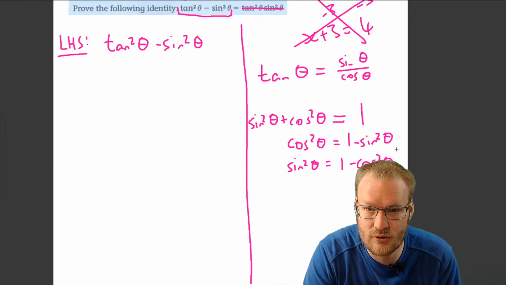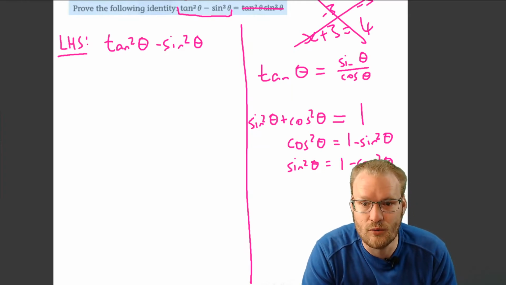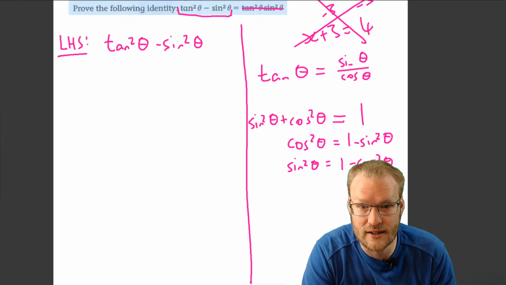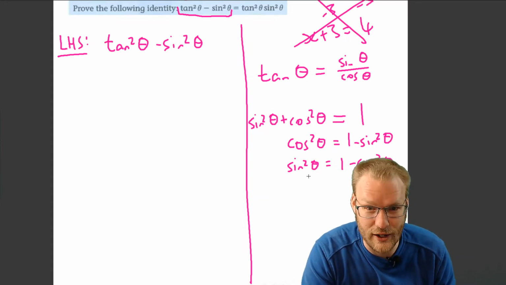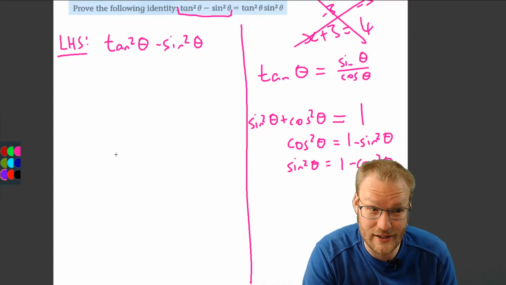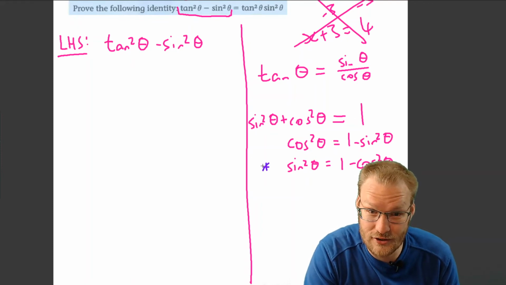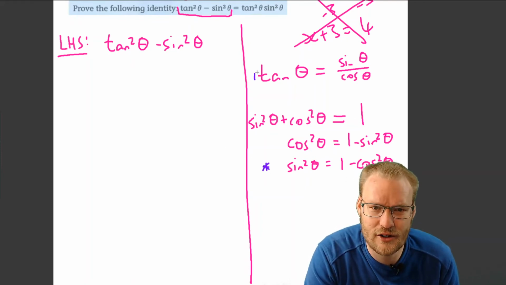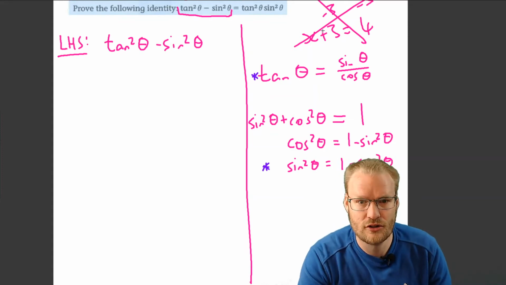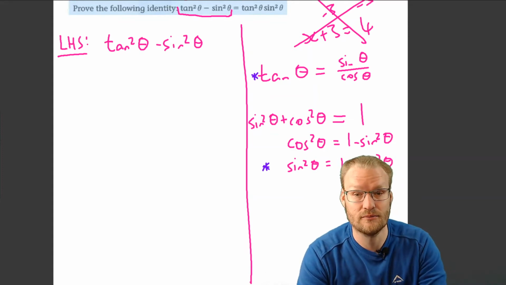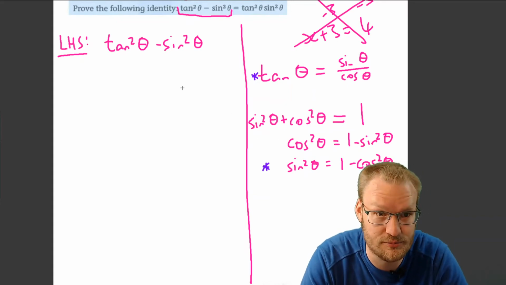So if ever we see 1 minus cos squared theta, we can replace it with sine squared theta. Now, hint, look ahead here, there's a sine squared theta. We're going to be using this one. I'm just giving you a heads up that we are going to use this, and we are going to use this. Okay, so you've got those 4 things written down. Beautiful. Now we're ready to go.